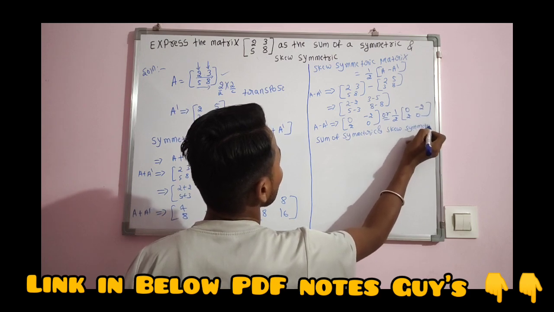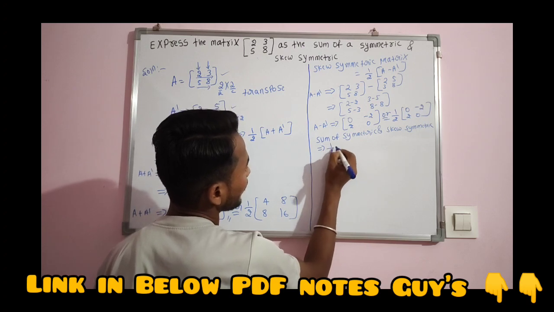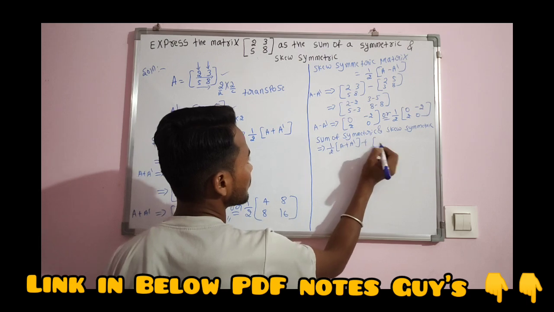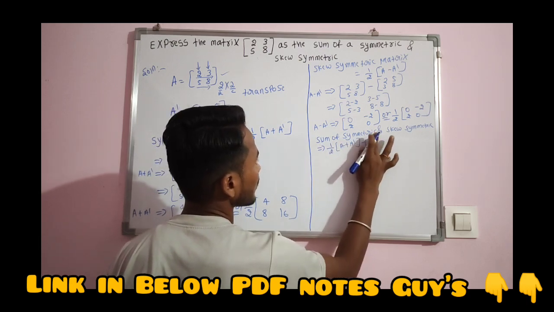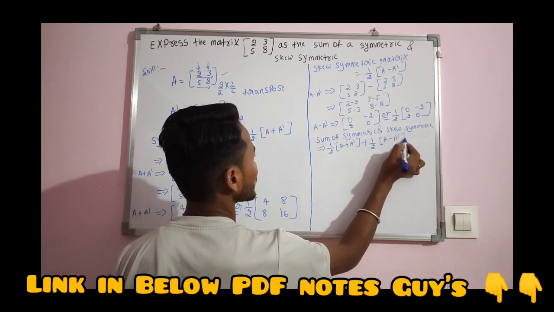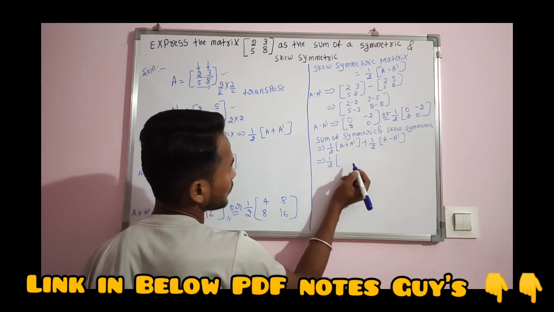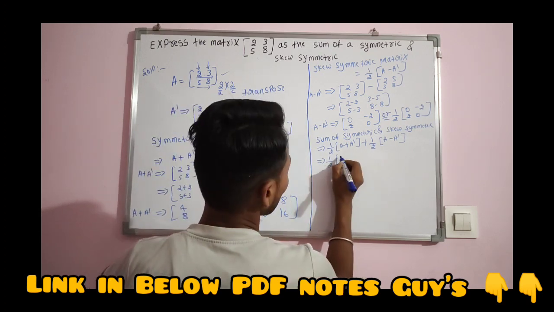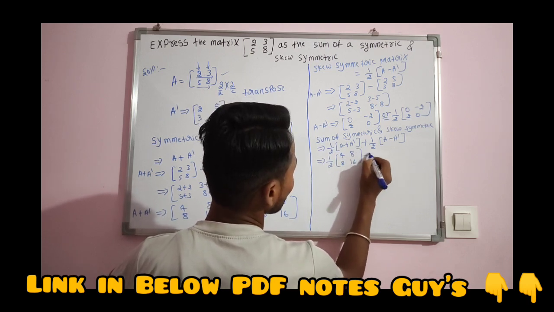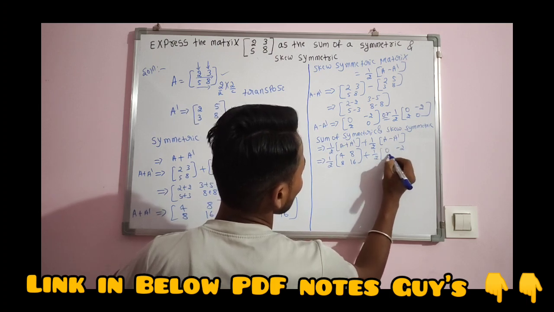Sum means you have to add: symmetric equal to 1 by 2 (A plus A dash), plus skew symmetric 1 by 2 (A minus A dash). So adding these: 1 by 2 of 4, 8, 8, 16, then 1 by 2 of 0, minus 2, 2, 0.